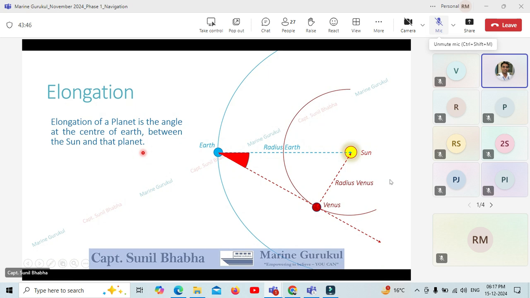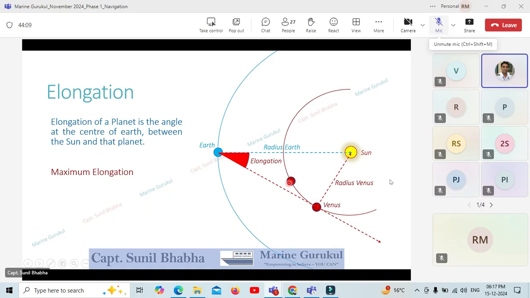Now, as Earth and Venus are moving with different orbital speeds, different angular velocities in their orbits, their location with respect to each other will keep on changing. The planet Venus could be at any particular elongation depending upon its position in its orbit.